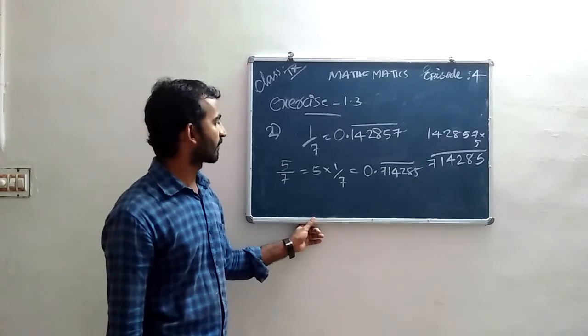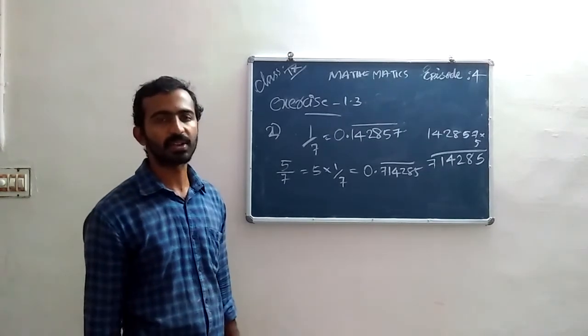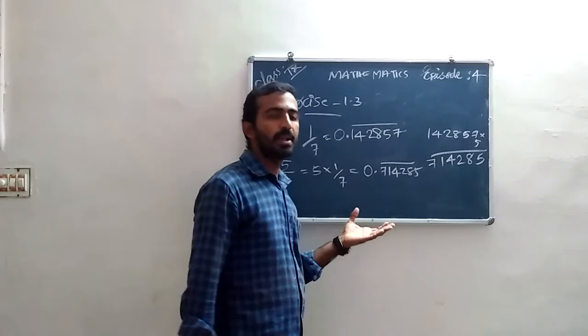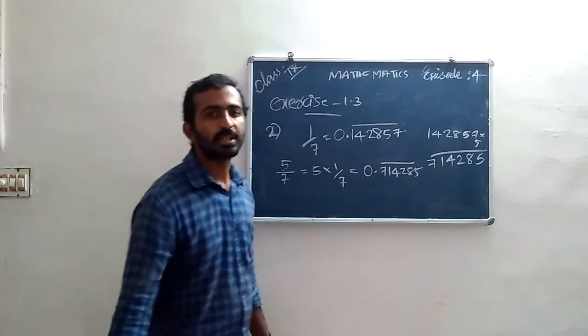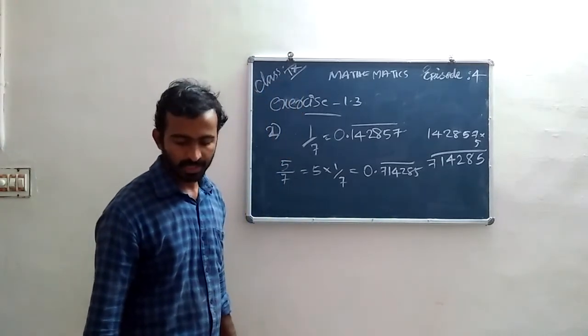That is the answer for 5 by 7. These are non-terminating numbers or irrational numbers.